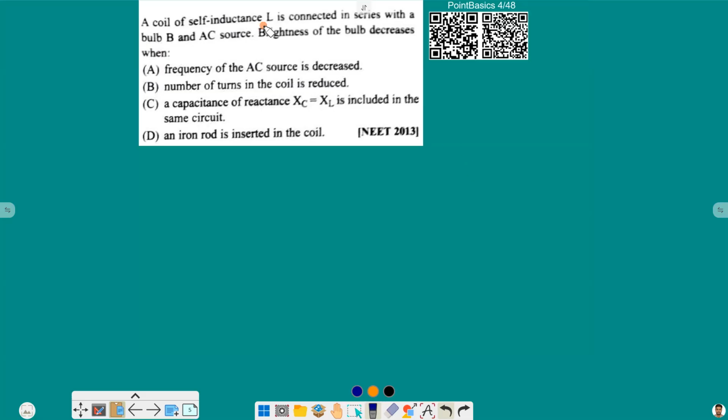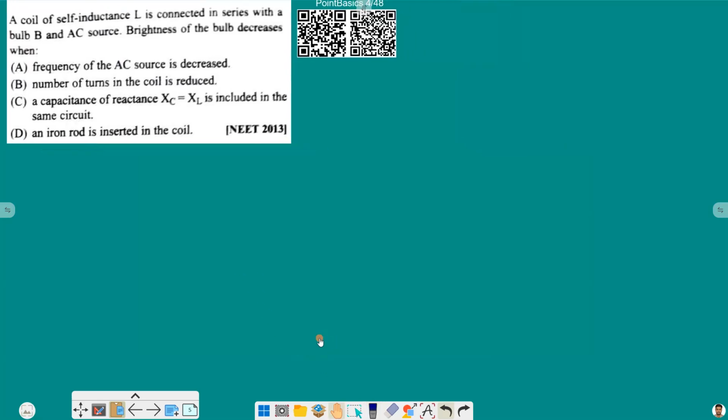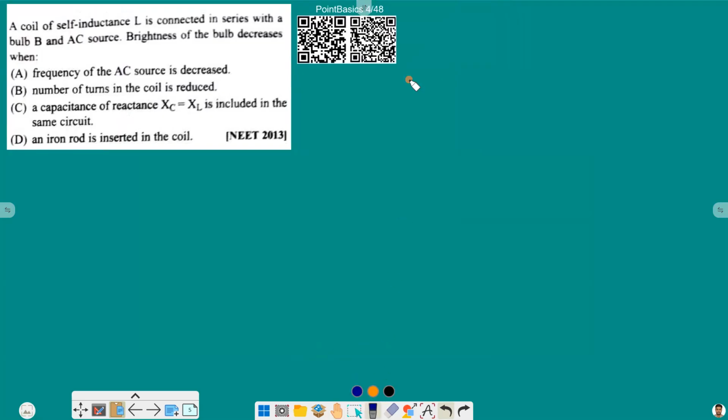Now we know that if we have a circuit in which there is an inductor and a bulb, the bulb will act as a resistance. So the current in the circuit, which we already solved in our previous question, will be given by the supply voltage divided by the total impedance, and that will be the square root of R square, where R is the resistance of the bulb, plus omega square L square. This is the resistance offered by this inductor. Now, if the frequency of AC is decreased, omega will reduce.